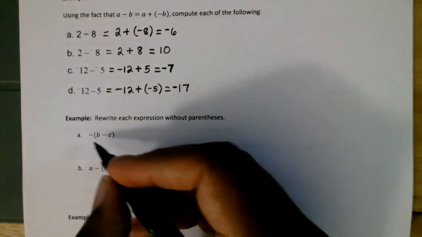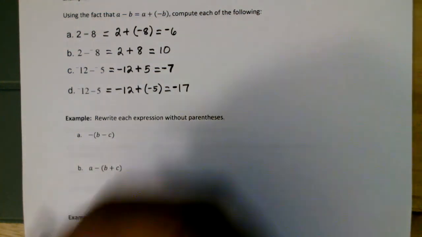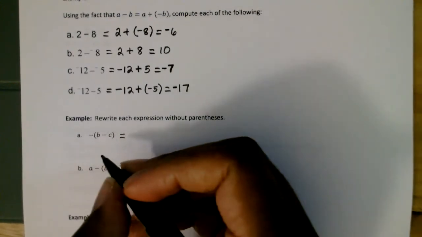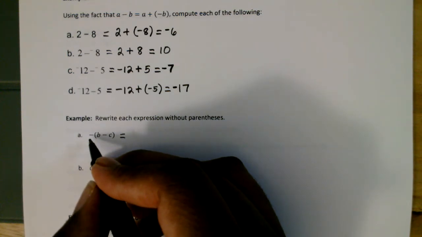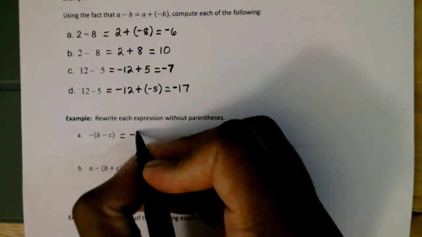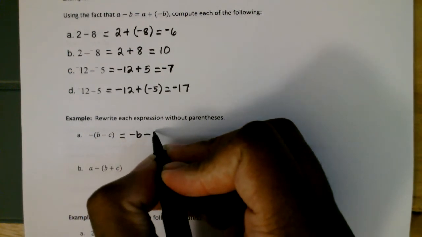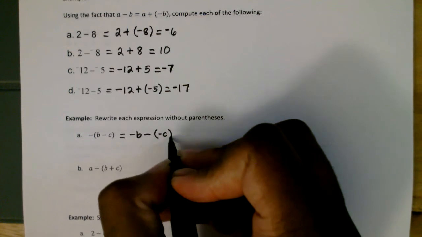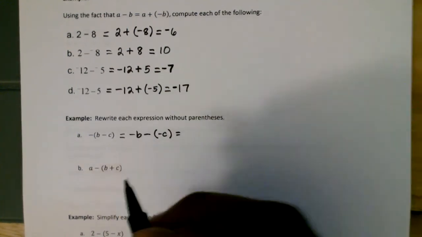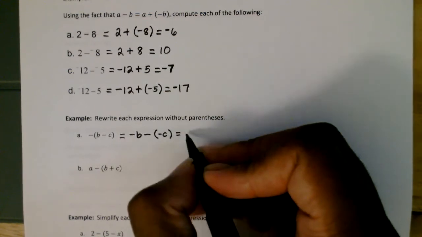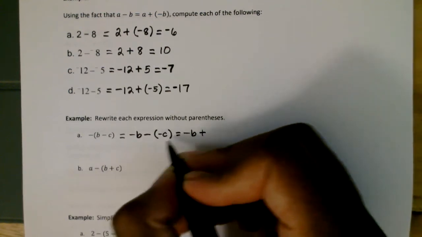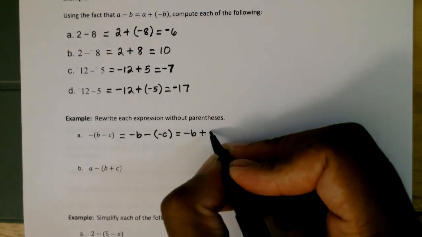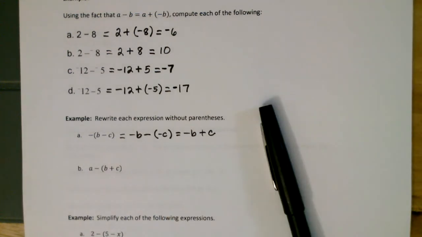Like negative, in parentheses, B minus C. Well, in this case, with that negative, I can take the opposite of B, that'd be negative B, minus the opposite of C, that'd be negative C. Okay, and I'm subtracting a negative C, so I bring over the negative B, and then change subtraction to addition, the opposite of negative C, which will be C. So I'll end up with negative B plus C.